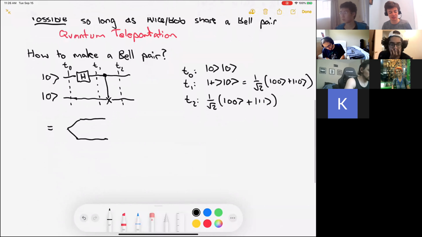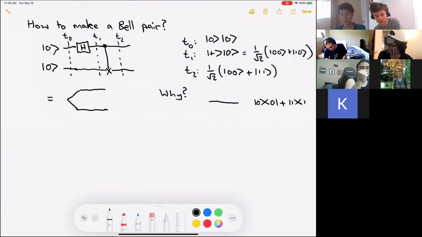And the reason this is sensible notation is that if we just had a line going from left to right, that would just mean the identity matrix, okay? So that would be 0, 0 plus 1, 1, the identity.